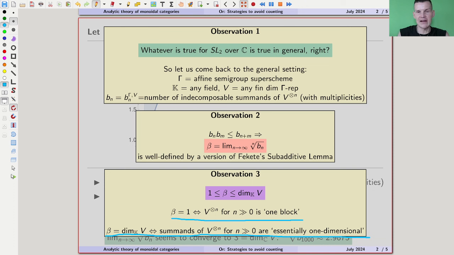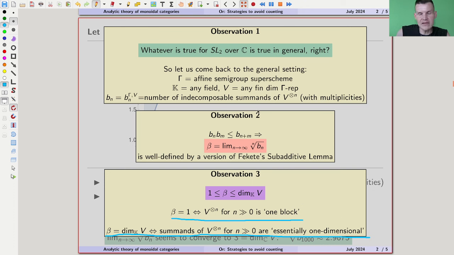And here comes something that I really learned, something that is even true, not like my observation 1, but something that's really true. A lot of statements take a 0-1 type thing. So it's either 1 or the dimension, and it's very rare that it would take anything in between. So it's either one block or everything is essentially one-dimensional.